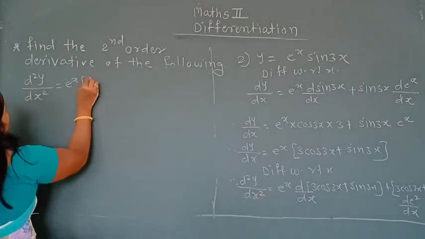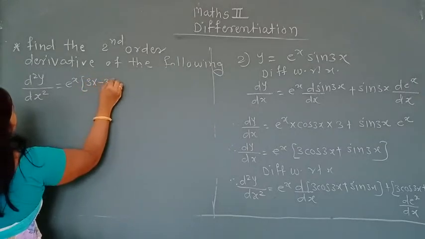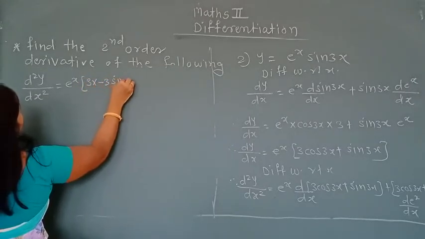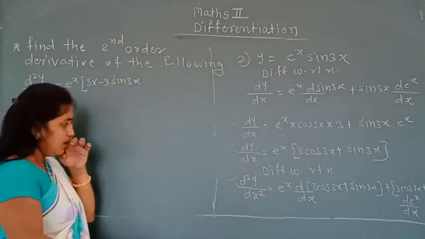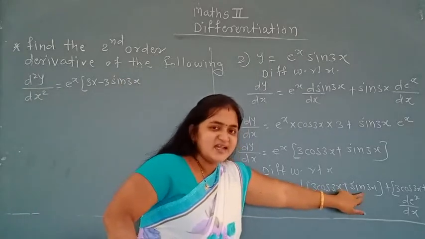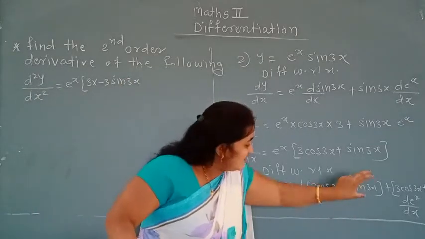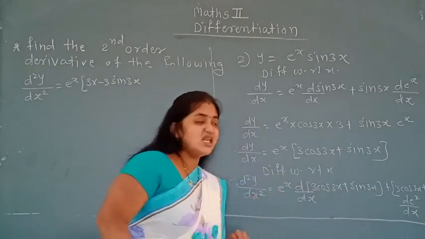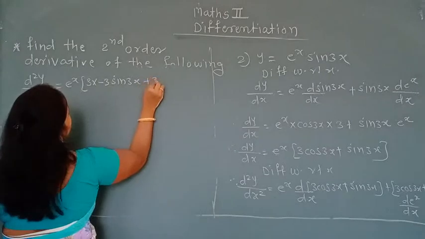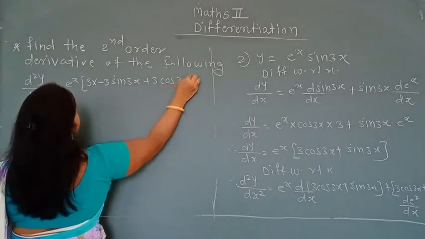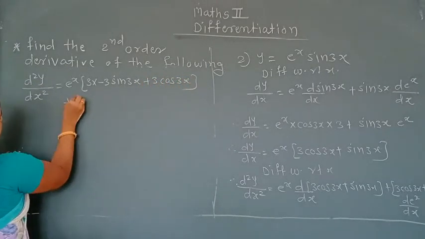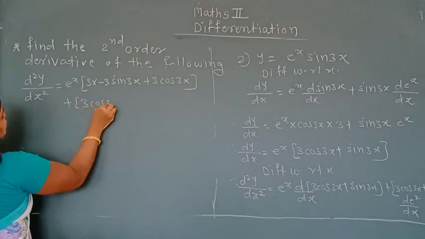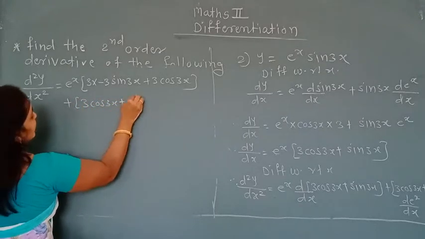So we get here 3 multiply minus 3 multiply sine 3x. Now plus sine 3x derivative which is cos 3x, and this is a composite function. So again a derivative of 3x which is 3. So plus 3 cos 3x, plus 3 cos 3x plus sine 3x as it is.